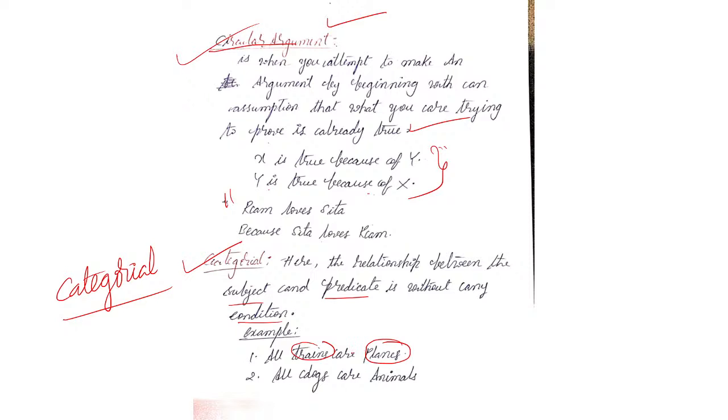Here there is no relationship, right? Is there any relationship between trains and planes? No, that is just a premise, there is no relationship between them. That is called a categorical proposition. All trains are planes, that's it. Why? We don't know the reason. There is no relationship. All dogs are animals. Here also no relationship between these two.